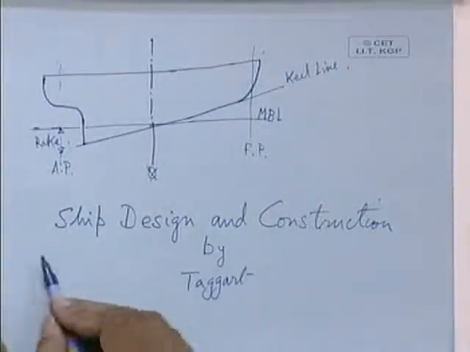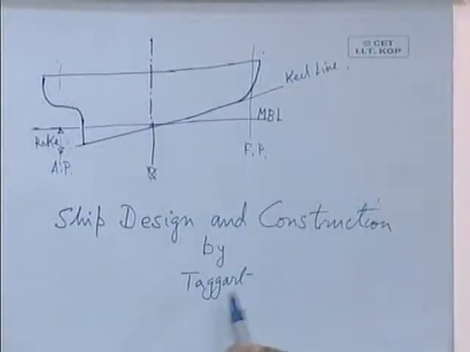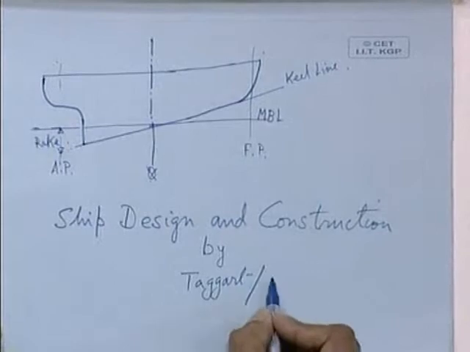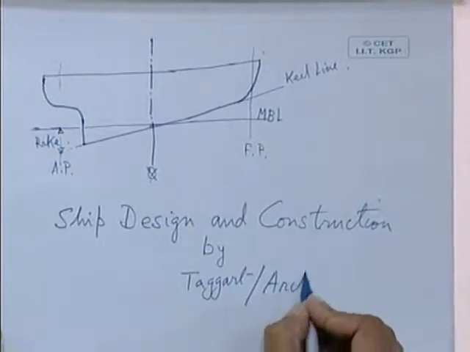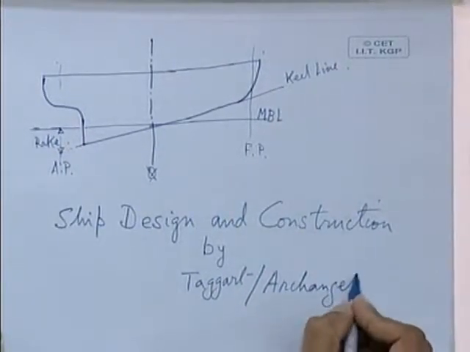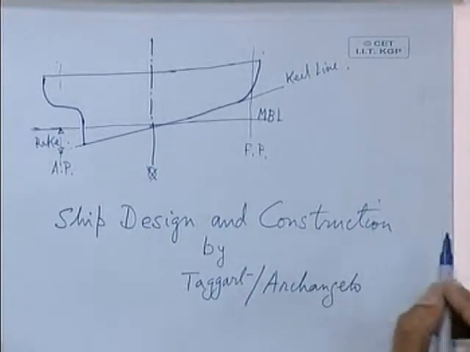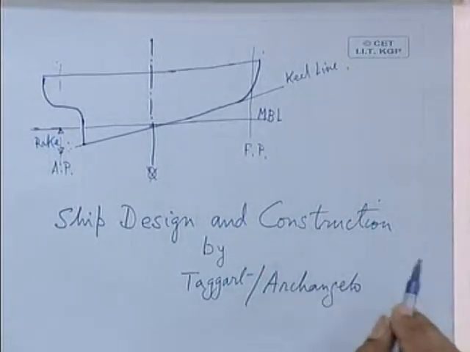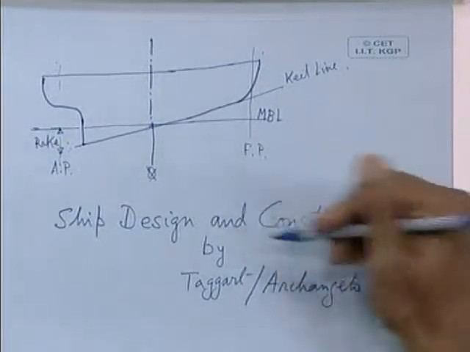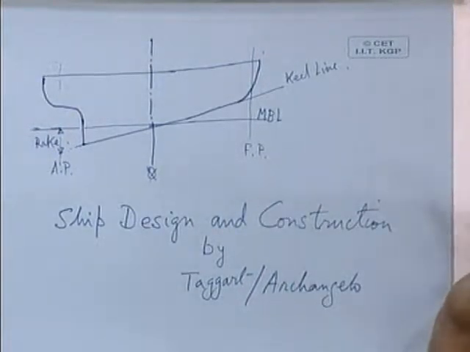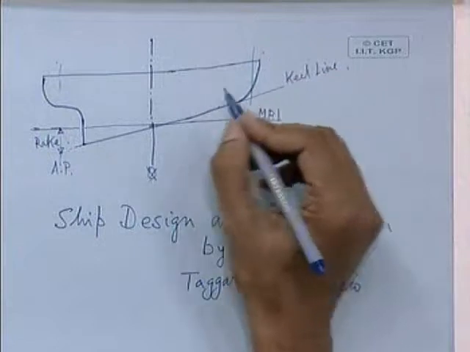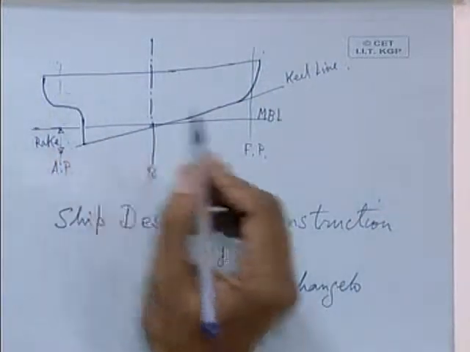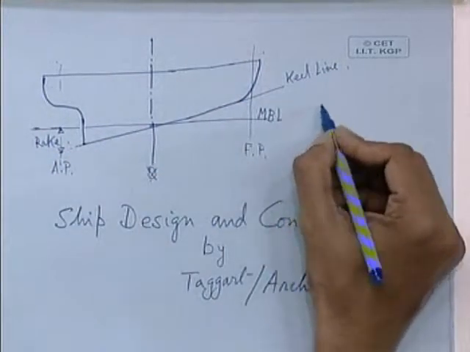It is not mentioned probably here. You refer to this book also, Ship Design and Construction by Taggart, and the same book was previously edited by Arcangelo. It gives you in detail how the ship is constructed, etc., with all these definitions. So this rake of keel again is given especially in tugs and trawlers.